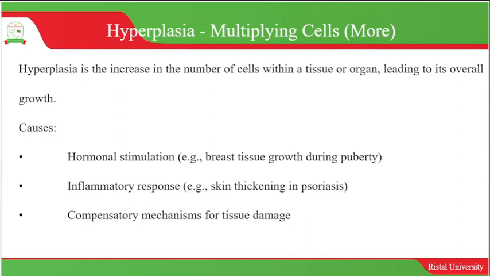even when a stressor is available or even when it has been removed, but the injuries caused should not be of more concern. So they try to multiply in number, and the cause of this could also be hormonal stimulation, for example breast tissue growth during puberty.